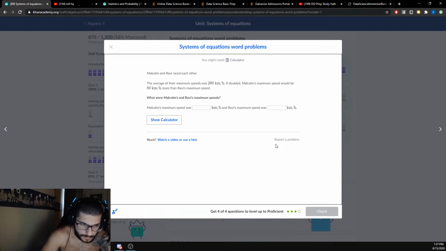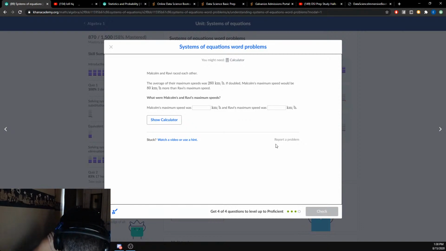x plus y equals 260. If doubled, Malcolm's speed must be 80 kilometers per hour more than Ravi's. So x equals 2 times y plus 80.